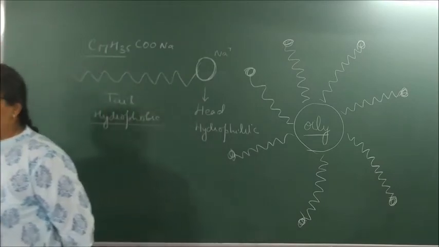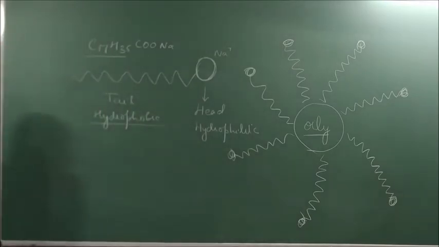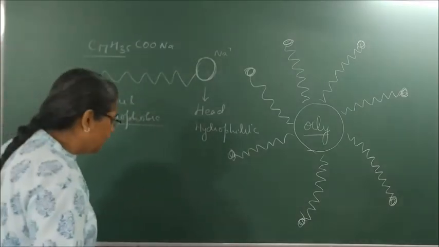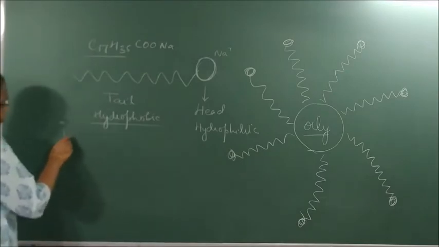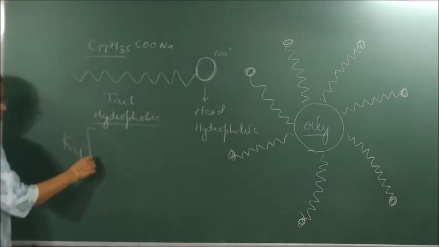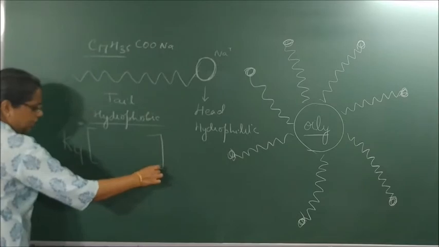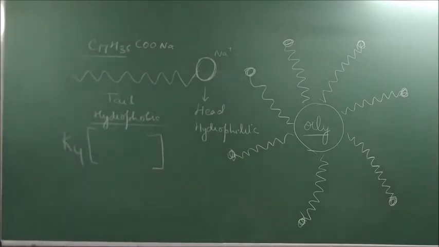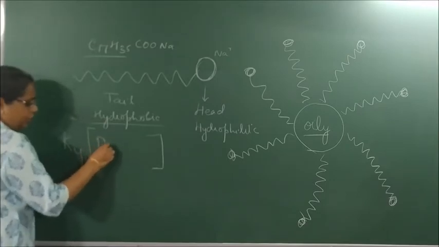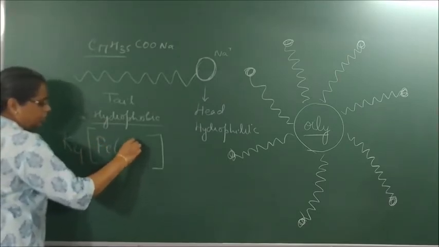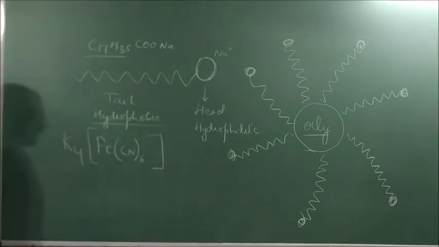How do we write the formula of potassium ferrocyanide? K4, then Fe, and square brackets. These square brackets are called the coordination sphere. And anything which you write within it is called the coordination entity.